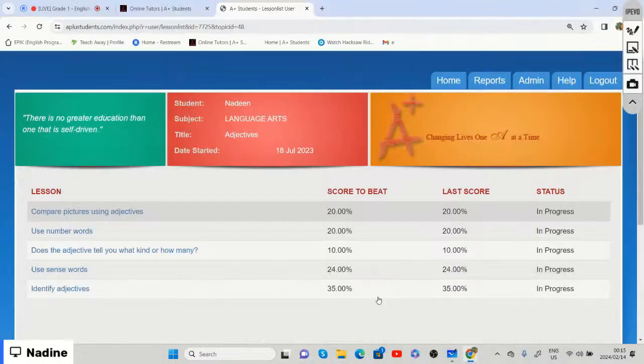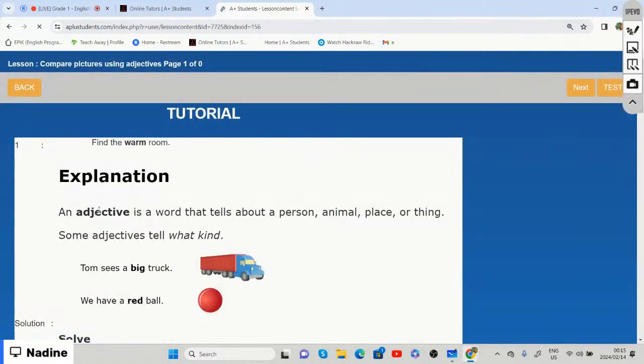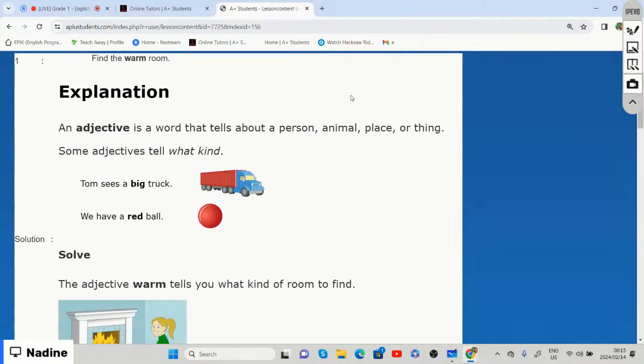So we're going to aplusstudents.ca, and we're going to the first lesson, which is to compare pictures using adjectives. And we said an adjective is a word that tells us about the person, animal, place, or thing. Some adjectives tell you what kind.